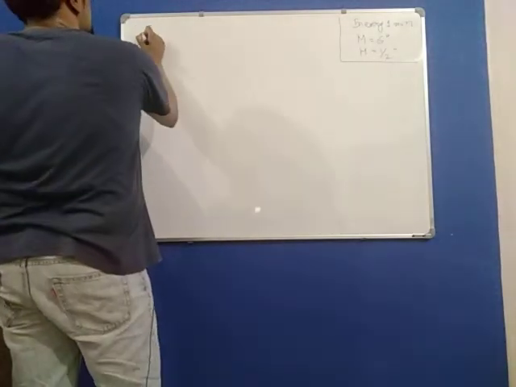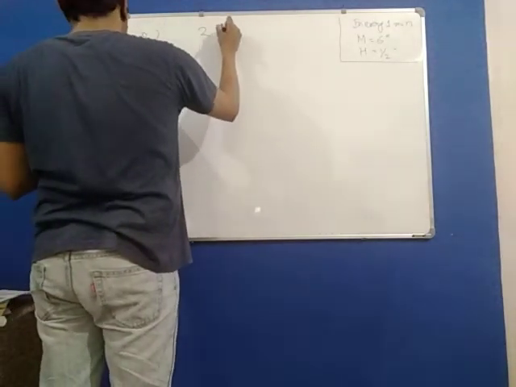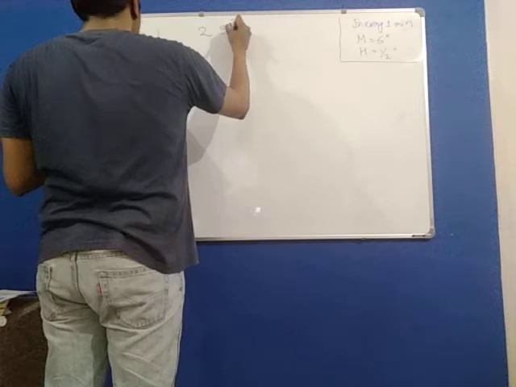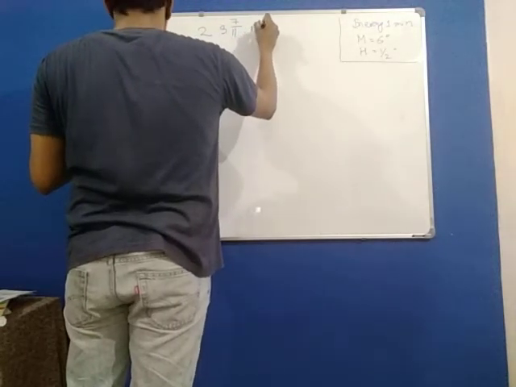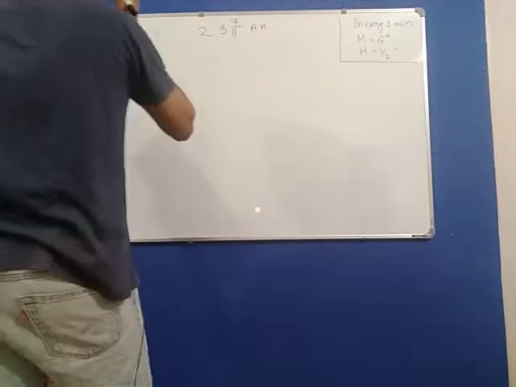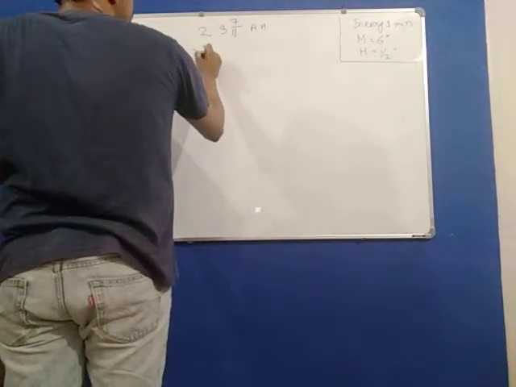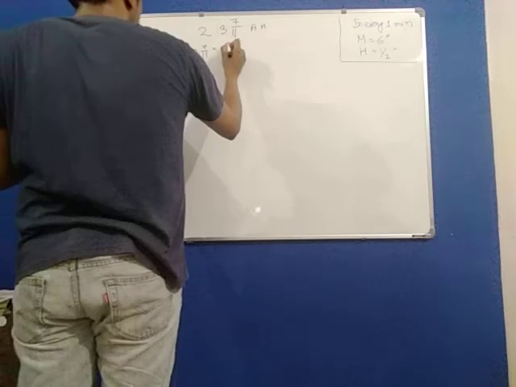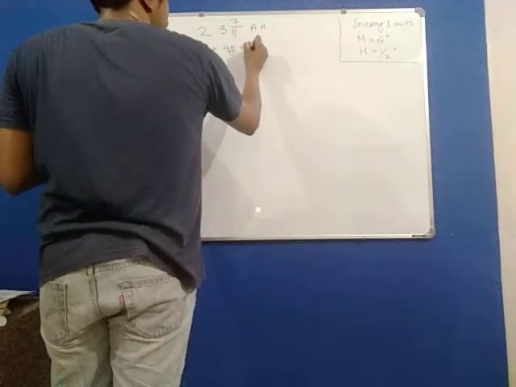So the question is that we have to calculate the angle between the hour's and the minute's hand at 2:37 by 11 am. Now 37 by 11 minutes is equal to 40 by 11 minutes.